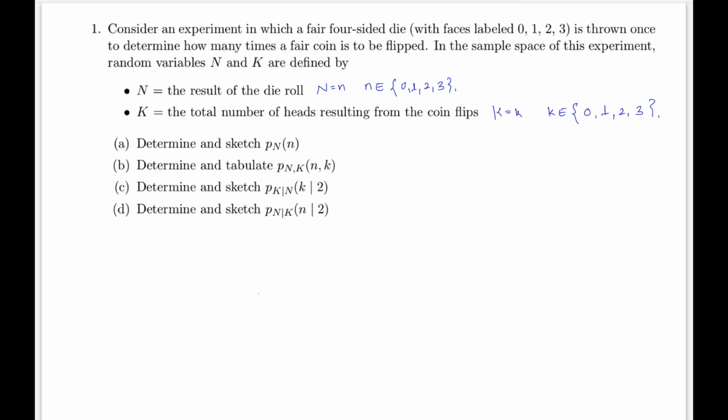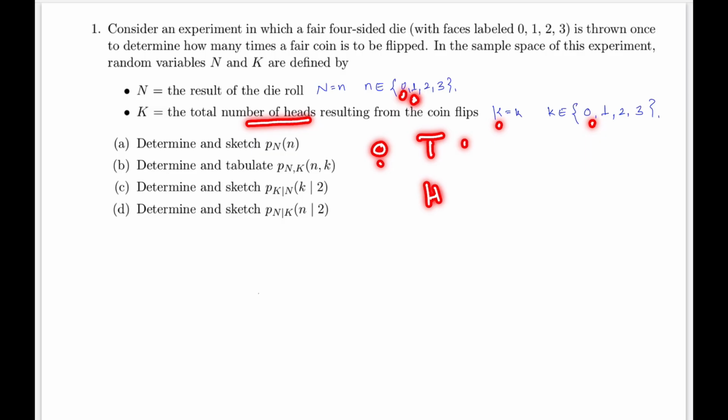Maybe on the die roll you will get the value 0, so in that case you will not flip the coin, so the total number of heads you will get is 0. So this random variable k takes the value 0. Or maybe on the throw of the die you have got 1, in that case you will flip the coin once, and you may get a tail or maybe a head.